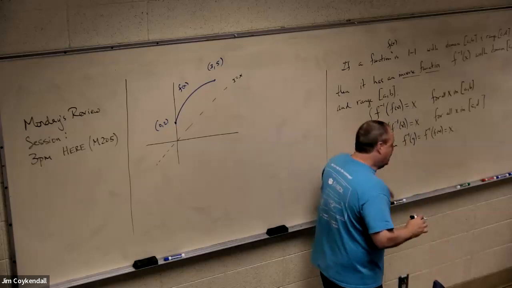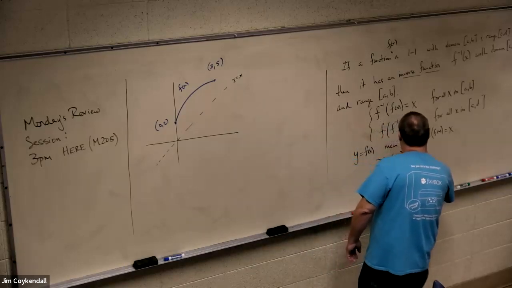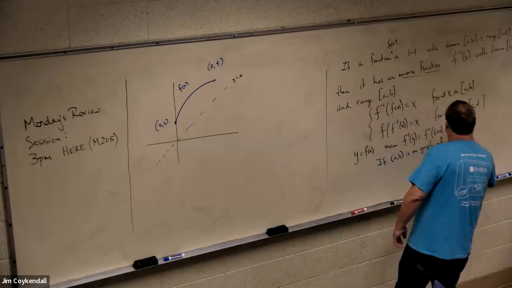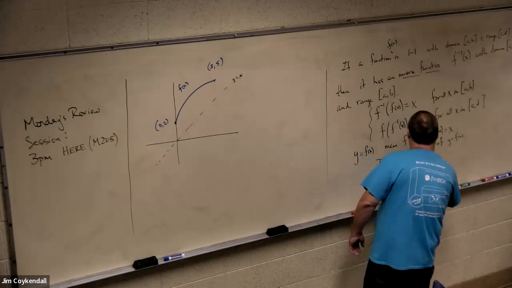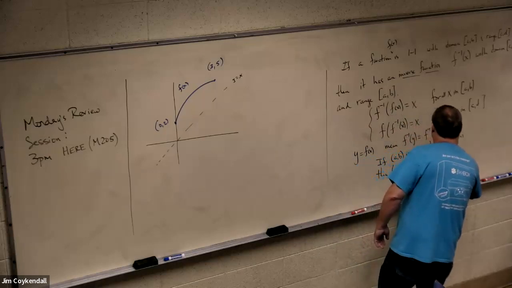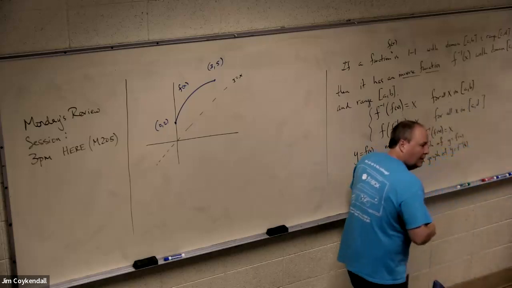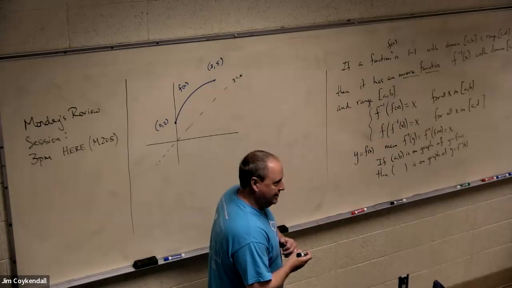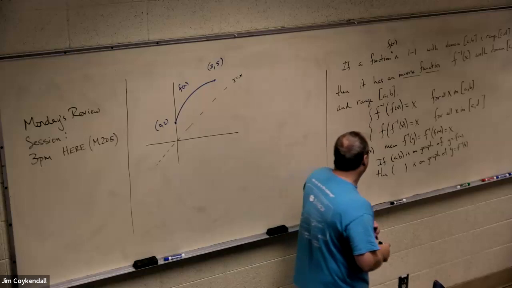So in other words, if the point A, B is on the graph of y equals f of x, then B, A is on the graph of y equals f inverse of x.